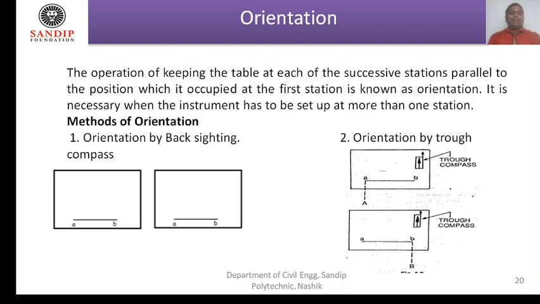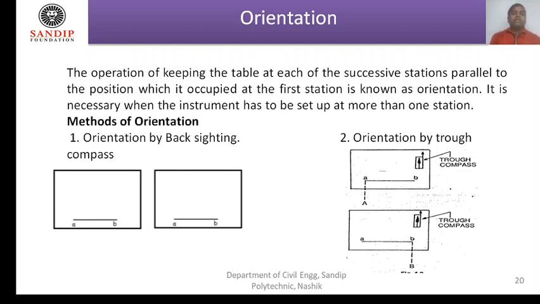Now let us see in the first figure the line AB. This ab is on paper because it is denoted by small letters. Whenever a letter is indicated by a small letter, it shows a paper point, and whenever we use a capital letter, it shows a ground point. So here ab is a line drawn on the drawing sheet.